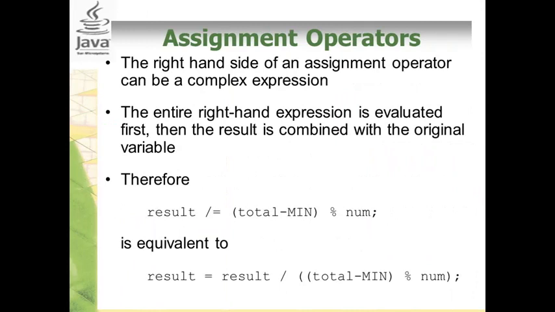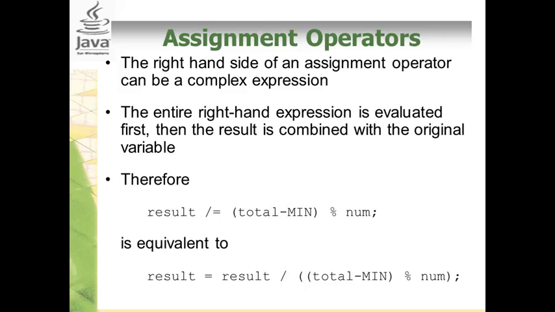Okay, please look at this case. Result divided equal, total minus modulus num. Always remember when you want to convert to the normal way of writing the code, the variable before equal, in this case result, will always be result equal result.